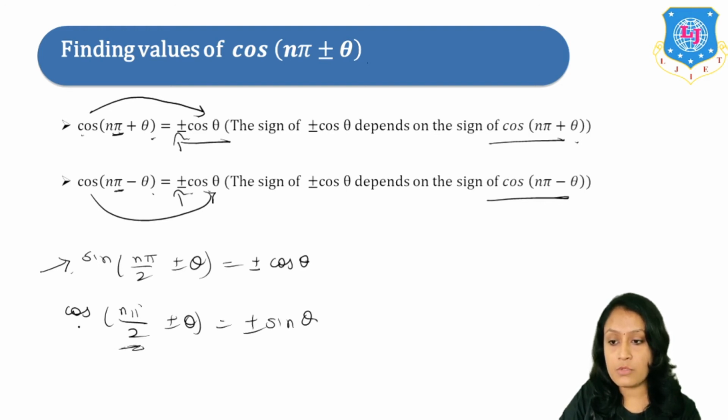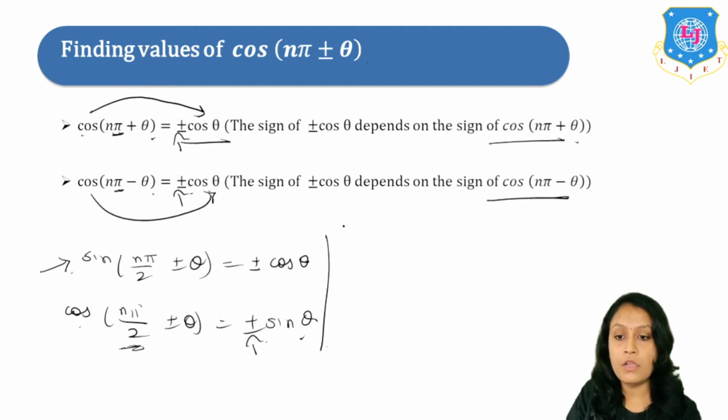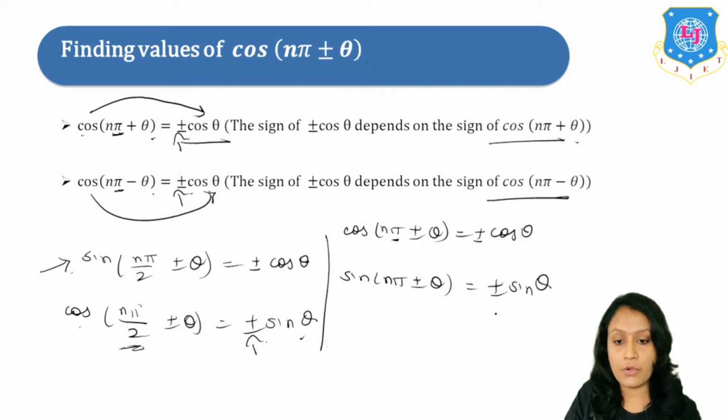As we have pi by 2, cos will convert to sine, and the sign depends on cos of n pi by 2 plus or minus theta. Also we have cos of n pi plus or minus theta. Now we have pi, so it will remain cos, with plus or minus depending on cos of n pi plus or minus theta. And sine of n pi plus or minus theta will give you plus or minus sine theta, again depending on the sign of the answer.